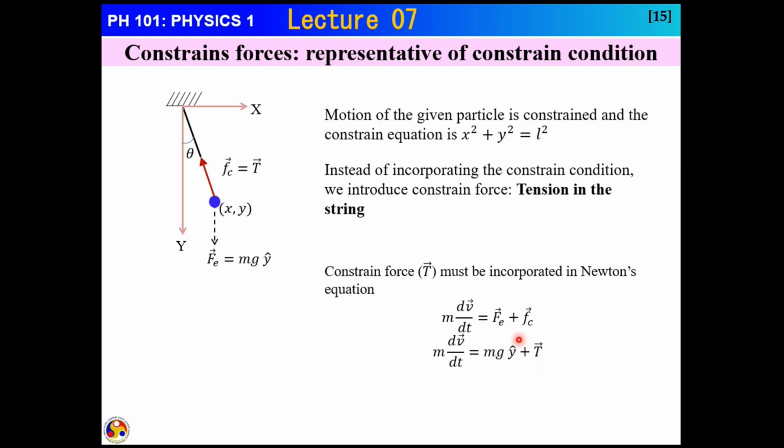And here we are introducing a new force, and that is the tension, which we don't know. Of course, we know, you can say that it's mg cos theta, but anyway, we have to introduce new constraint forces.